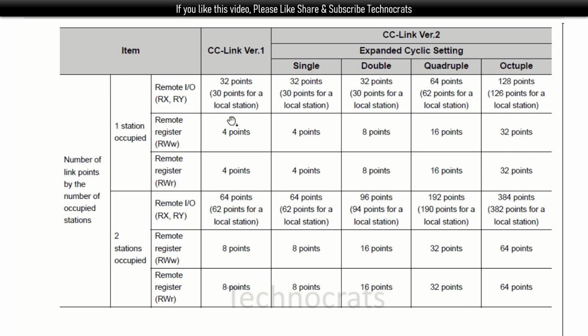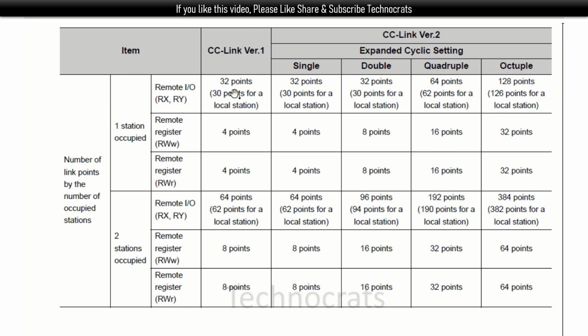So irrespective of the data that is being used for that particular remote IO, these points will be occupied. For example, if we are having a remote IO with 32 point input, then these 32 inputs that it is sharing with the master module will be utilized for input indications.